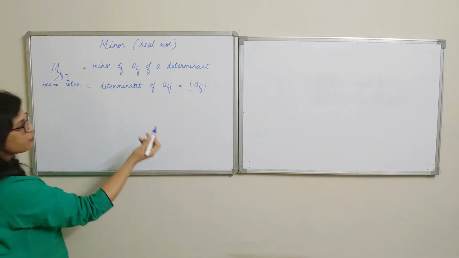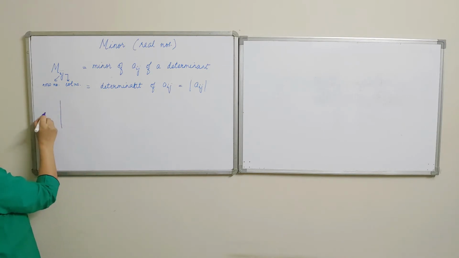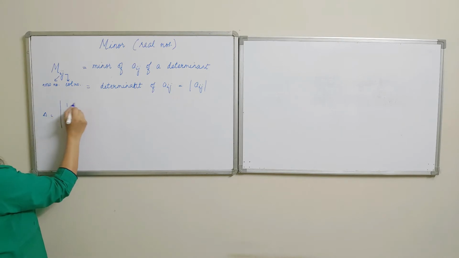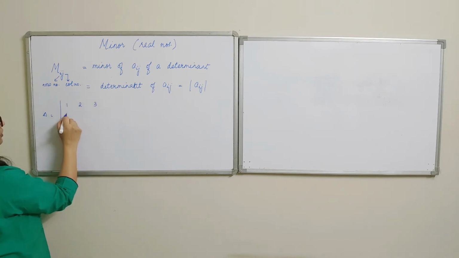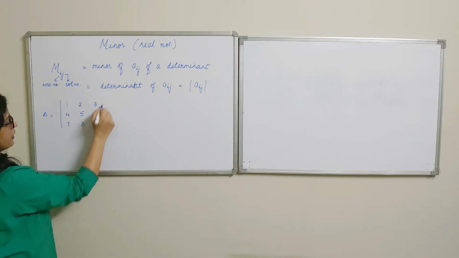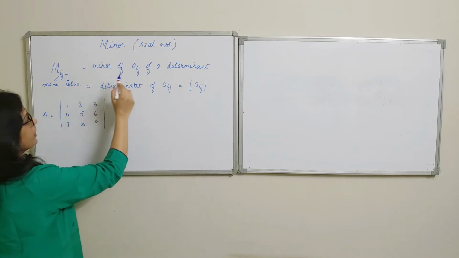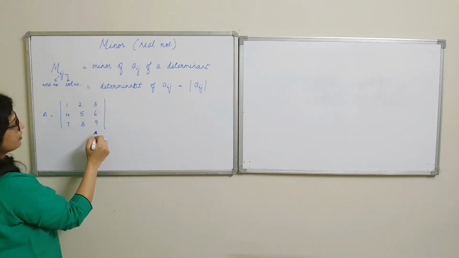Alright, so let me explain this with an example. Let us take a determinant which is represented like this. The determinant has 9 elements, so the minor of each element can be determined.